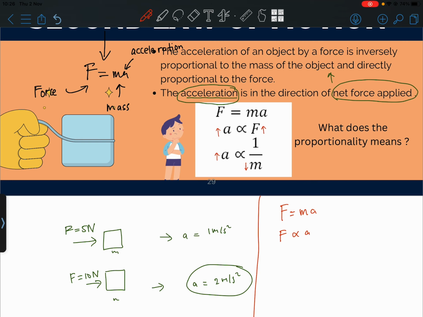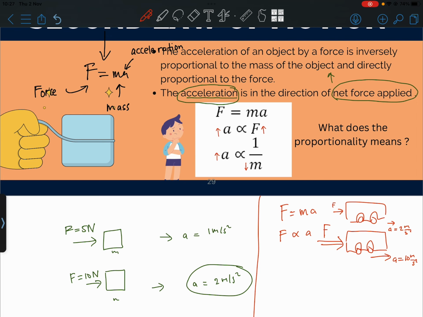which means if you apply a greater force, for example you have a toy car. If you push just a little bit, it will move just a little bit, so the acceleration will be, for example, 2 meter per second square. But if you push harder, F is greater, so it will experience a greater acceleration, for example 10 meter per second square.